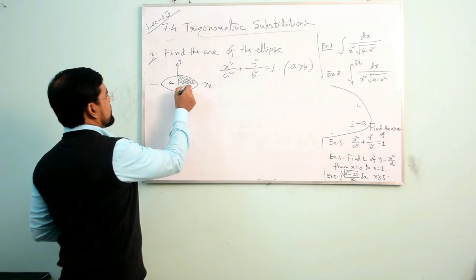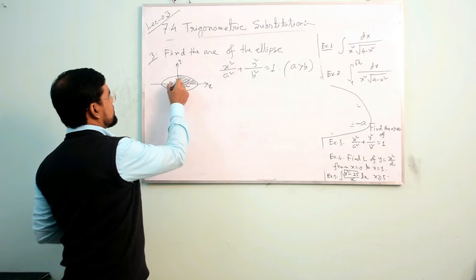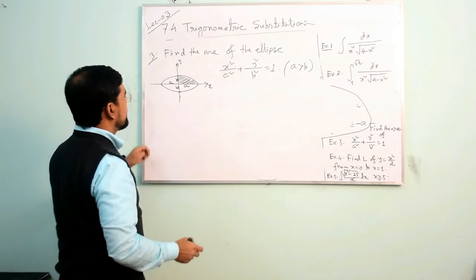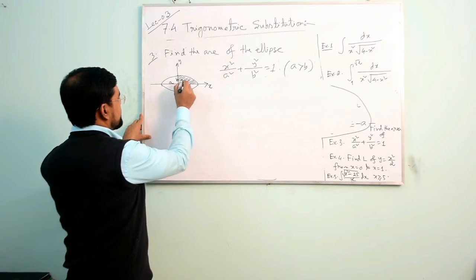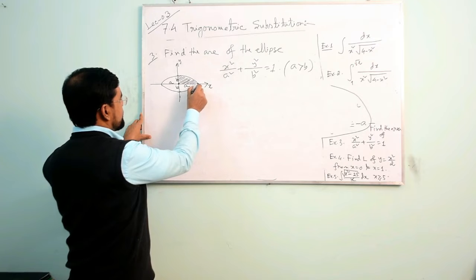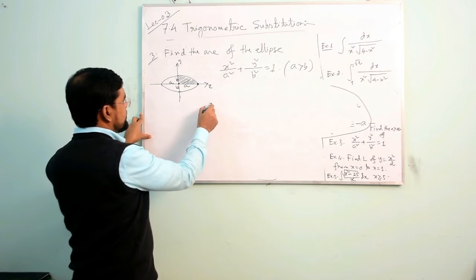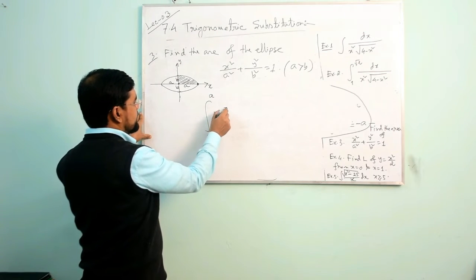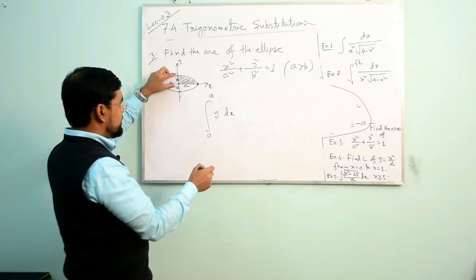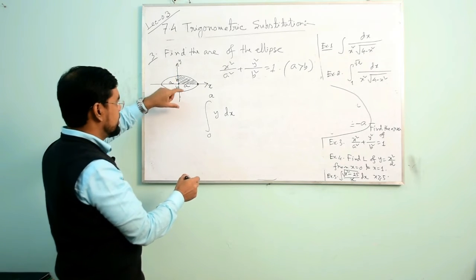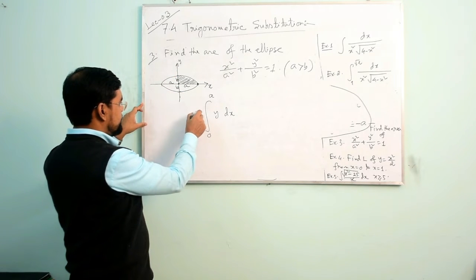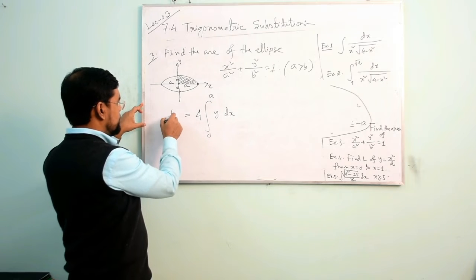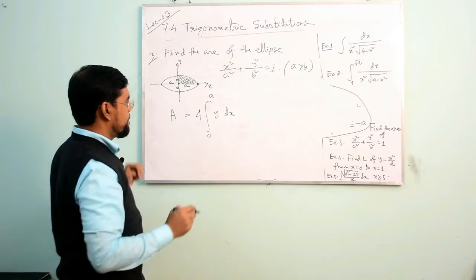This one is the major axis and this one is the minor axis, and the distance from the origin to the vertex is a. So if we evaluate 0 to a y dx, then we will get the area in the first quadrant, and if you multiply this area by 4, you will get the whole area of this ellipse.